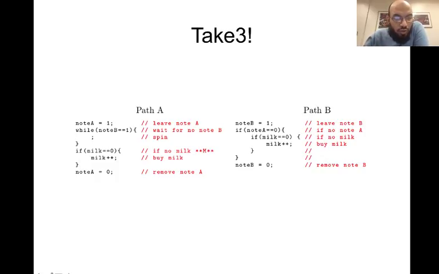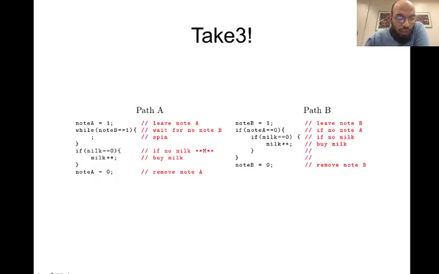So suppose that the first line on path A gets executed. Node A is equal to 1. And then it gets evicted, gets preempted. Okay? And path B gets scheduled. So node B is set to 1. Okay? And then suppose that now path A gets rescheduled again.